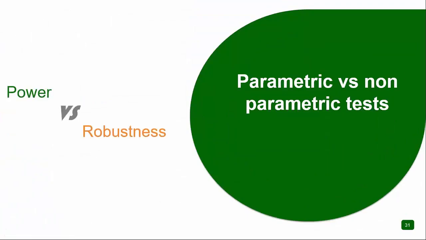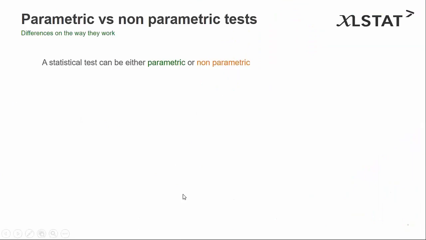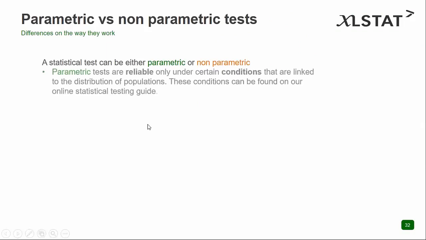So now we talk about the opposition between parametric and non-parametric tests. It's a matter of opposition between power and robustness. A statistical test can be either parametric or non-parametric. Parametric tests are reliable only under certain conditions that are linked to the distribution of populations.